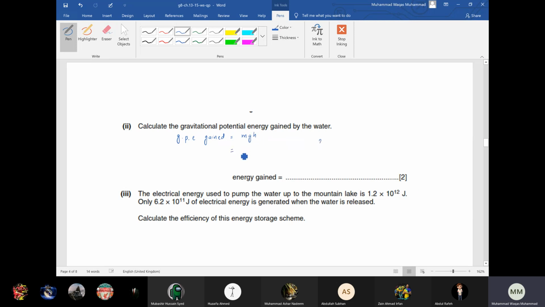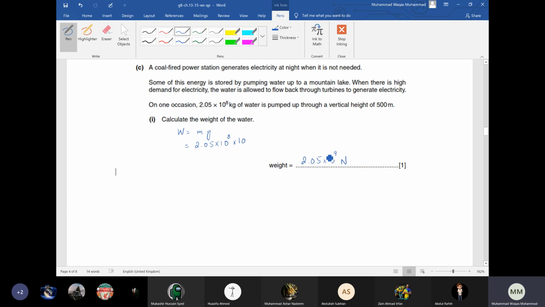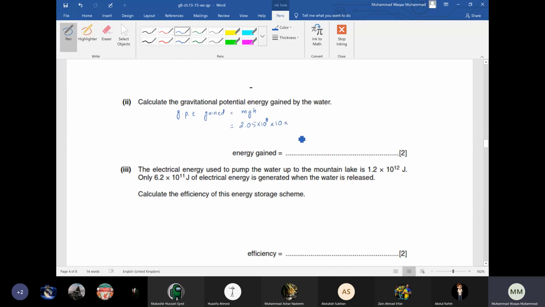Now beta, what is the mass of the water? 2.05 times 10 to the power 8 times value of g is 10. And beta, what is the height? Pumped up through a vertical height of 500 meters, right? So beta, 500 meters.